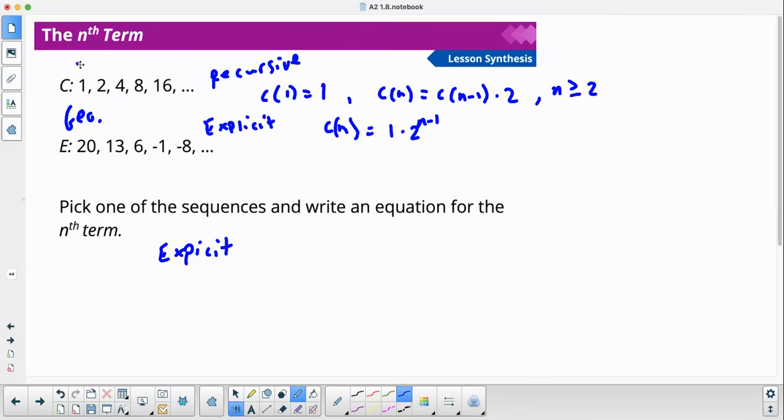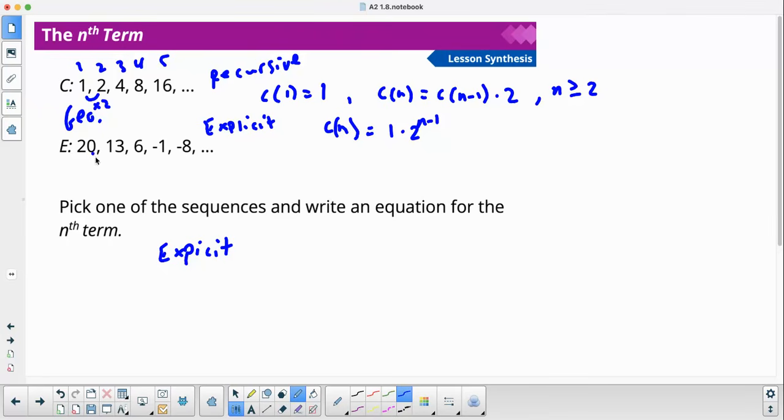Because this is the first term, second term, third term, fourth term, fifth term. So to go from here, I'm timesing it by 2 one time. I don't want to plug in 2 here. If I just did 2 to the n, that would be like I'm timesing it by 2 twice. But to get this second term, I only want to times it by 2 once. It's 1 less than the term number. So that would be my explicit formula there.